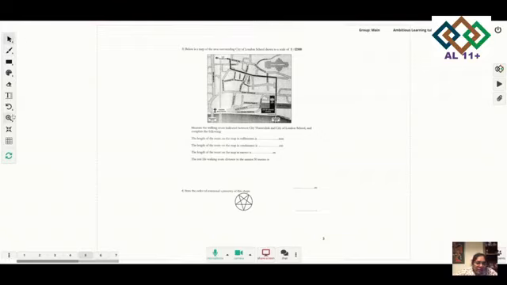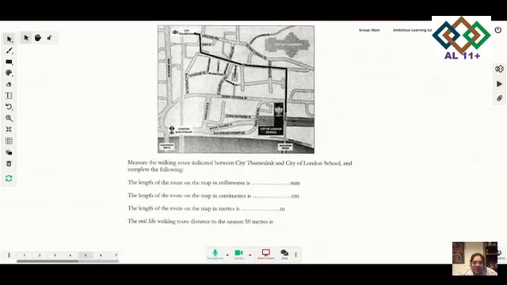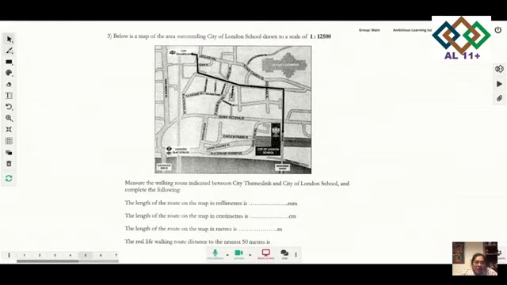I'll zoom it a little bit for you all to see. In this, the best thing when you have word problems is you should always look at what they're asking for. In this one, they have told you that below is the map of the area surrounding City of London, drawn to a scale of 1:12500.